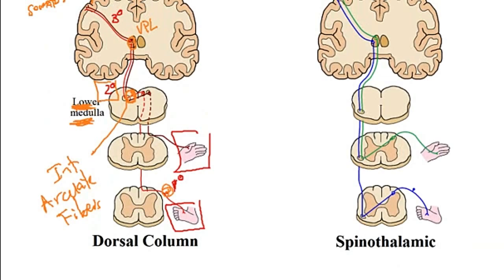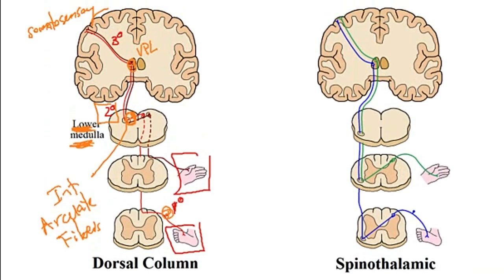So regarding the dorsal column and the spinothalamic tract, they would both end up in the somatosensory cortex because they are both relaying sensory information. It's just that it's a different type of information. With the spinothalamic, it's pain and temperature, while with the dorsal column, it's fine touch, proprioception, vibration, as well as the pressure.